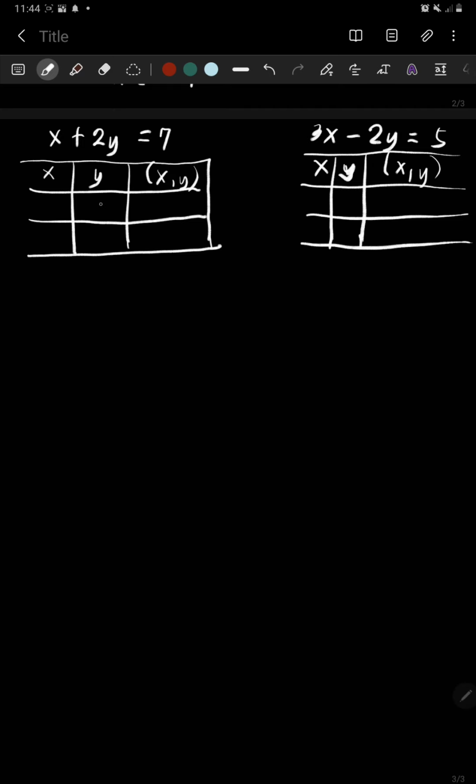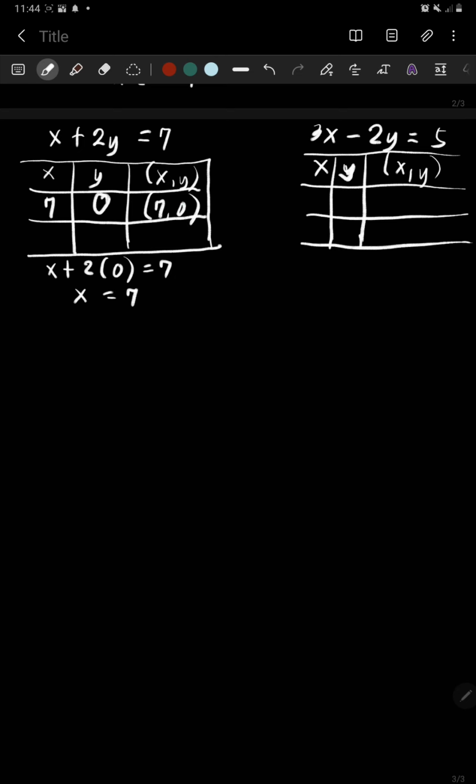For the x-intercept, we need to let y be equal to 0. So if your y equals 0, substitute: x plus 2 times 0 equals 7. That means x is 7, since 2 times 0 is 0. So you have 7, 0.